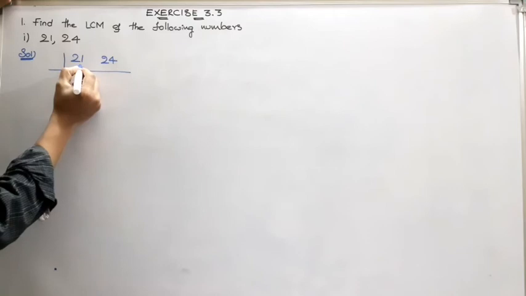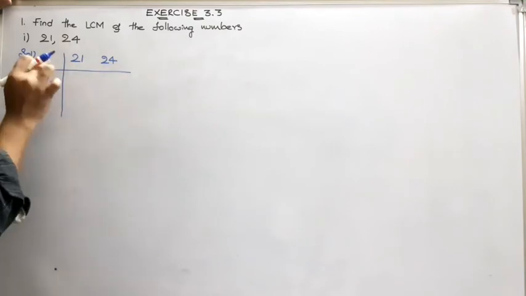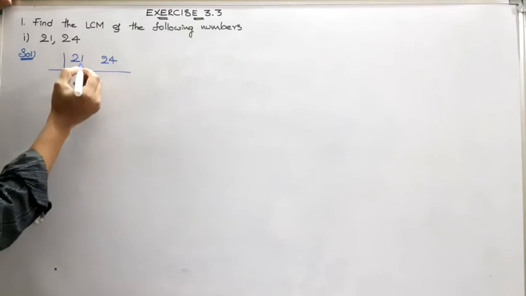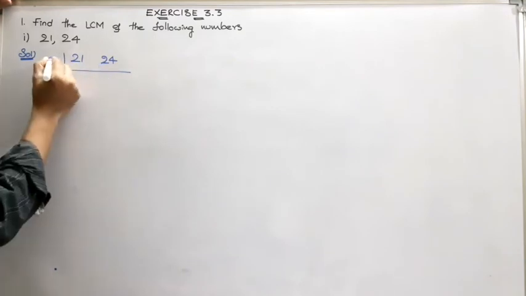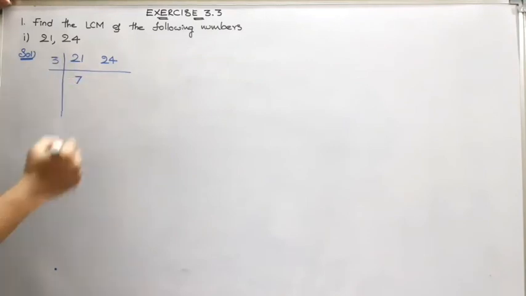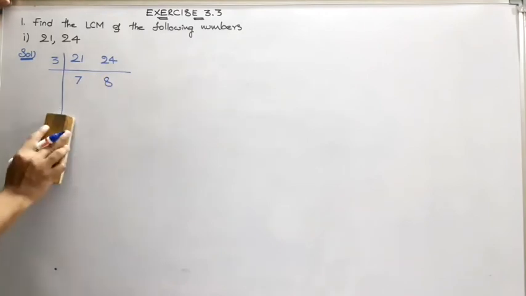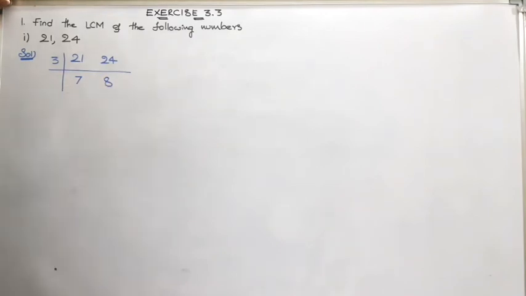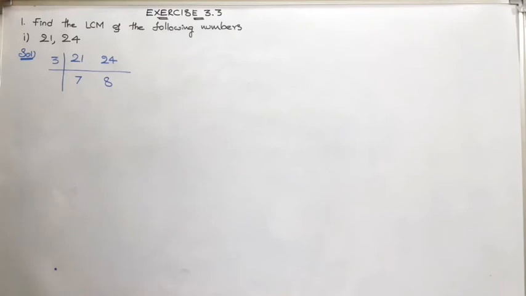So 21 is not divisible in the 2 table, whereas 24 is, but we have to find the common table. 21, 24 we can cancel using the 3 table, where 3 sevens are 21 and 3 eights are 24. There exists no other table except the 1 table that cancels 7 and 8. So we have to stop our process here.